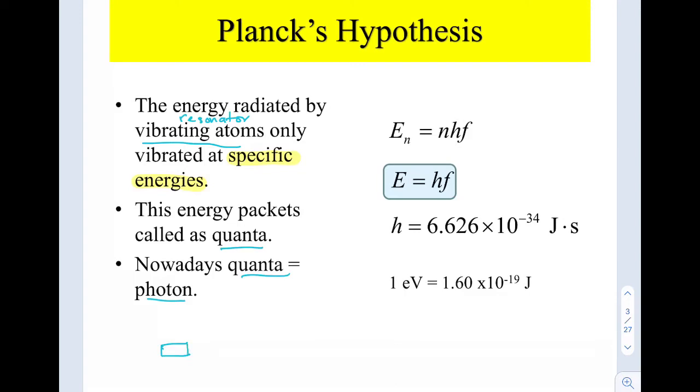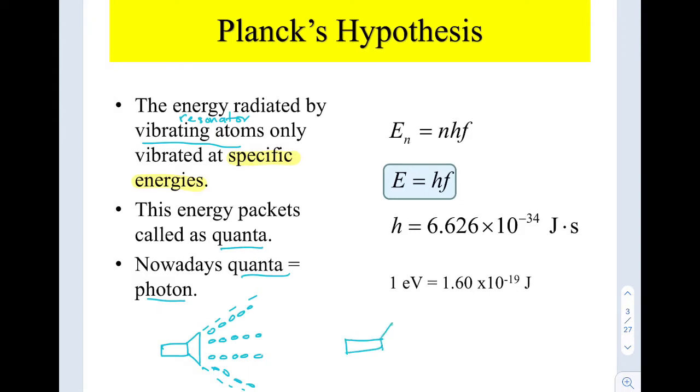If you can imagine this is a torchlight, where the radiation is coming out from the torchlight, the radiation actually consists of tiny packets of energy radiated throughout the surface or area.